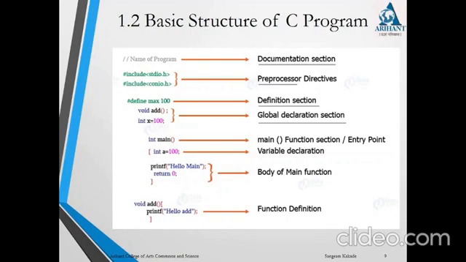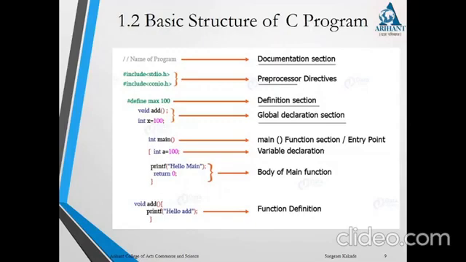Or suppose the program is calculating the net salary, then you can mention in the document section that the program is written to calculate the net salary of your employee, right? So you can put these things in the document section.